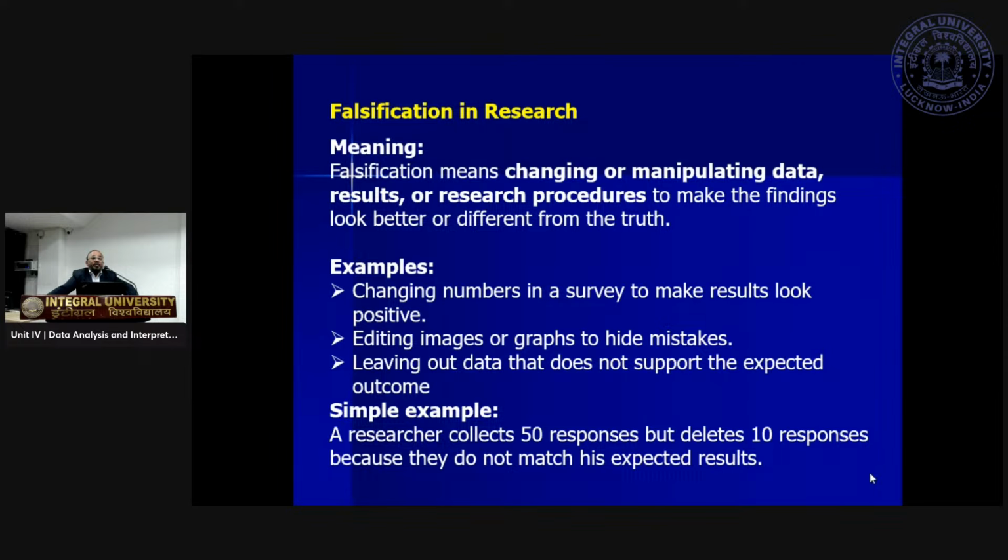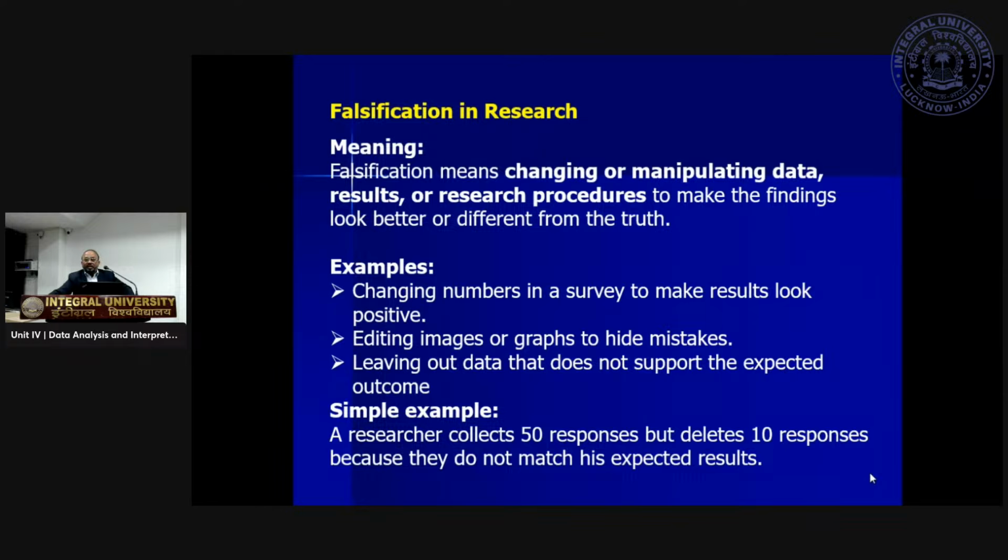If you make a minor change in the graph of somebody else that has been used in some other journal, that is also not allowed. Leaving out data that does not support the expected outcome is also falsification.